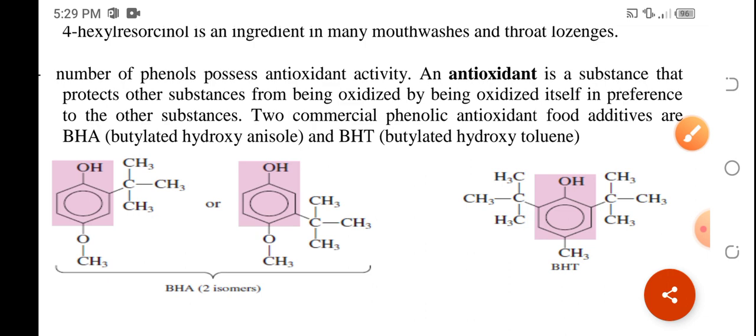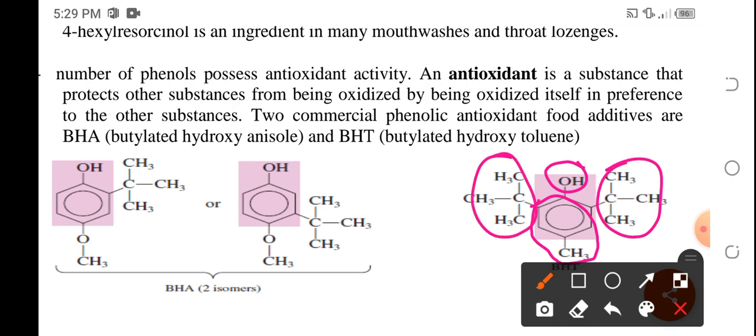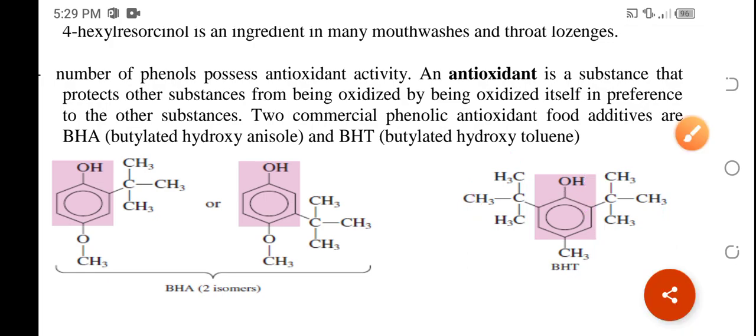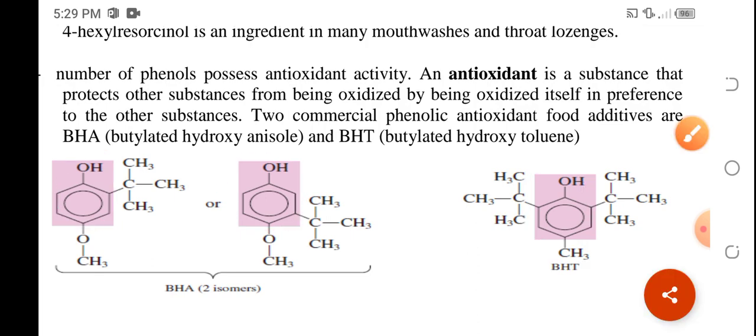We also have BHT, butylated hydroxytoluene. This is the toluene methyl group with the CH3, and this is the hydroxy, and it's still the butyl group, particularly tertiary butyl. Nevertheless, these antioxidants possess a phenol part in their structure. These are the phenol parts.